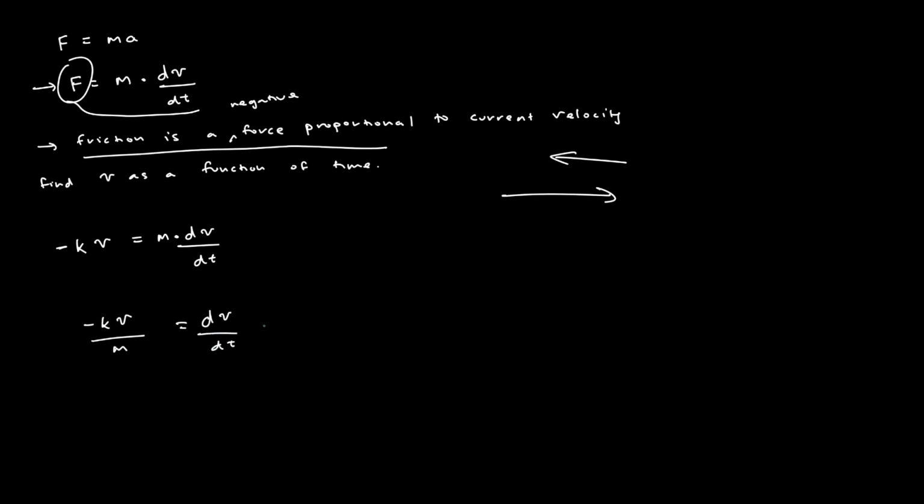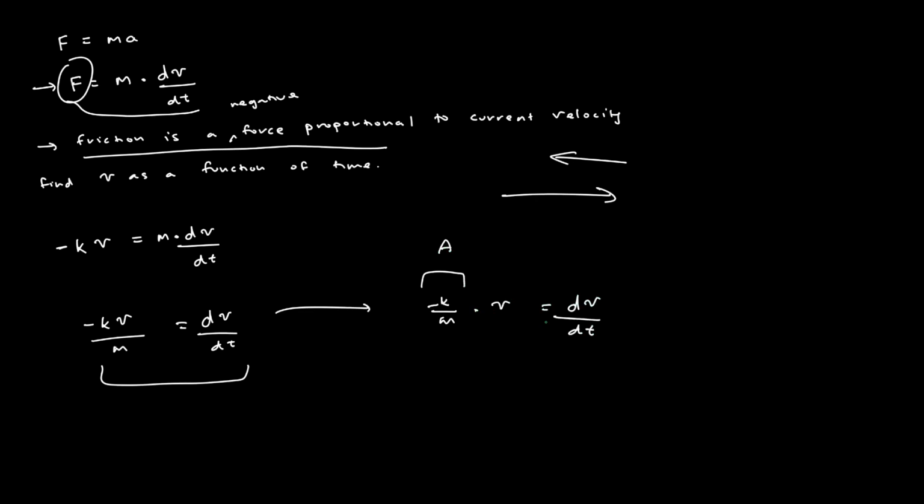Once again, this looks very similar to the differential equation we used when we proved what exponential functions look like, right? Because I can rewrite this whole equation as minus k divided by m, which is just some constant a, times velocity. Velocity was like y, which we saw earlier, and that was equal to dv over dt.